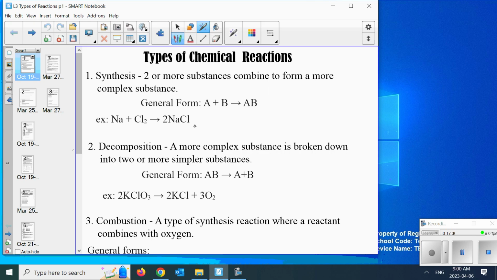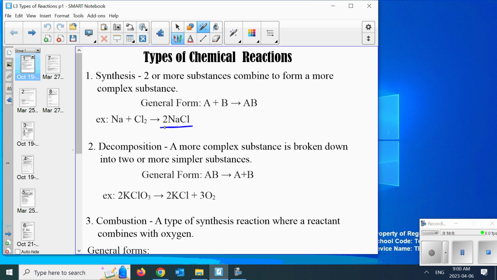Decompose. Outside of chemistry, outside of science, what does it mean to decompose? To break down. It means the same thing in science. A more complex substance is broken down into two or more simpler substances. Essentially, any synthesis reaction, if you wrote it in reverse, is decomposition.